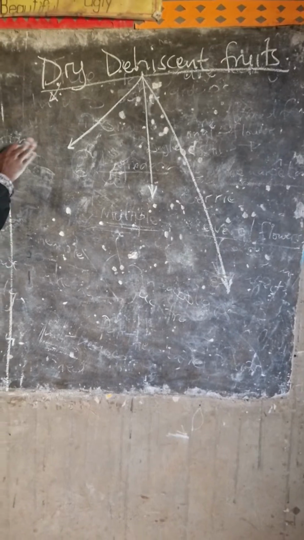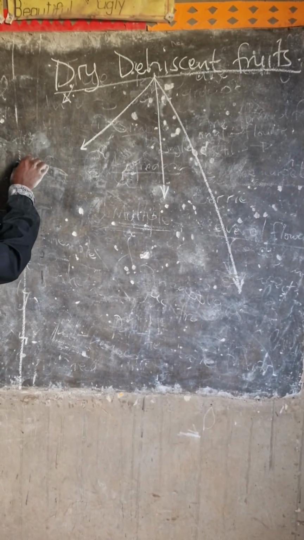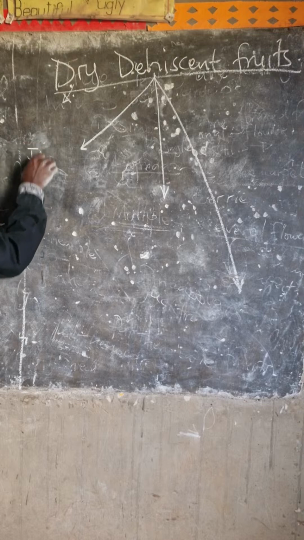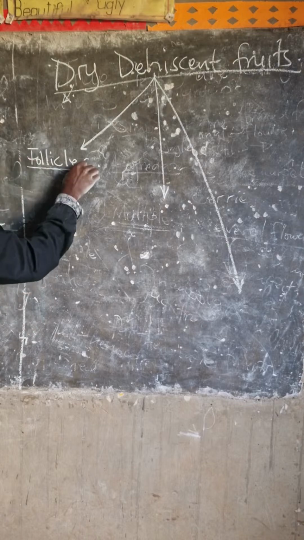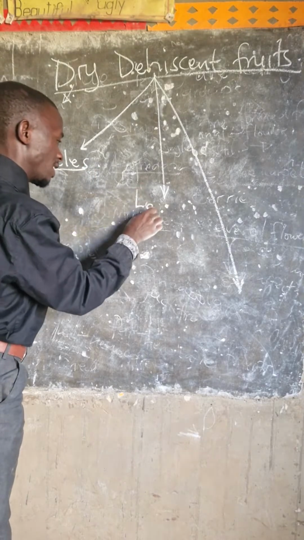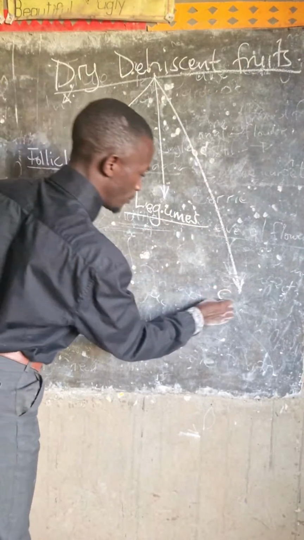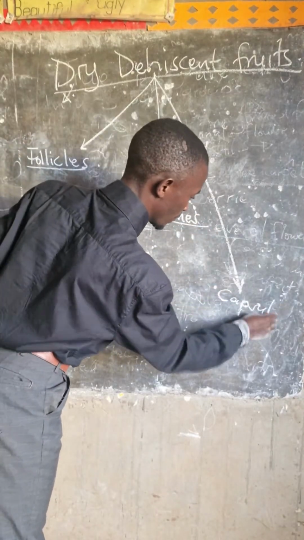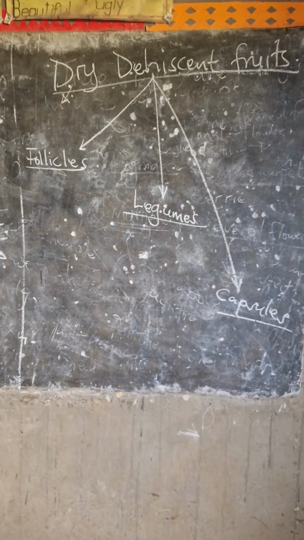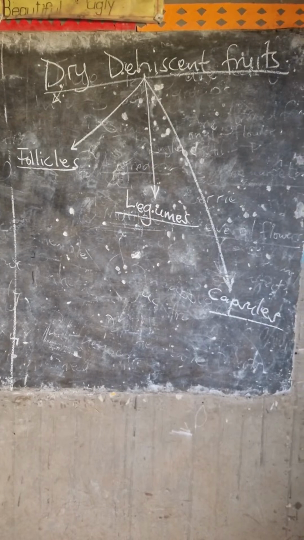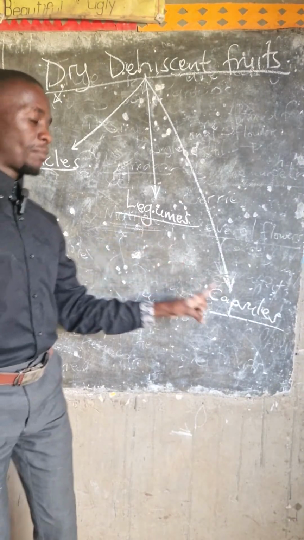The dry dehiscent fruits are either follicles, or legumes, or capsules. So the dry dehiscent fruits are of three categories. They are either follicles, legumes, or capsules.